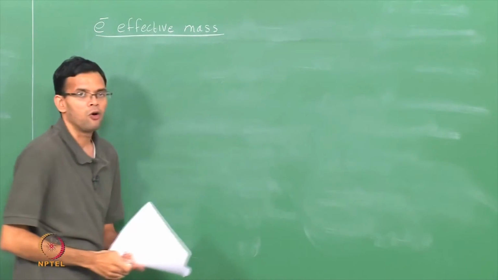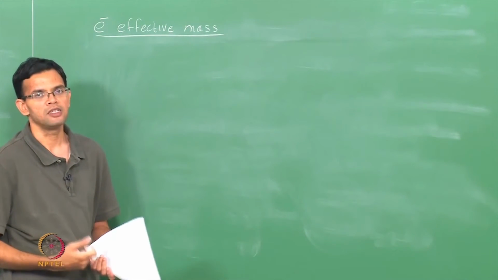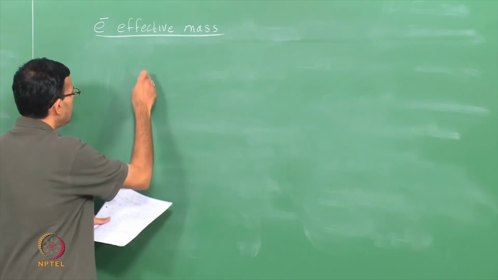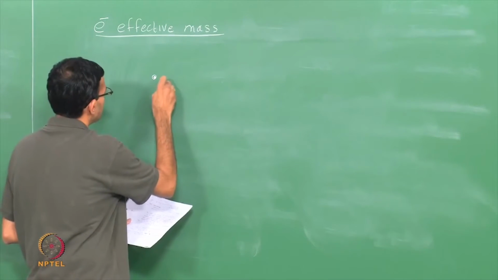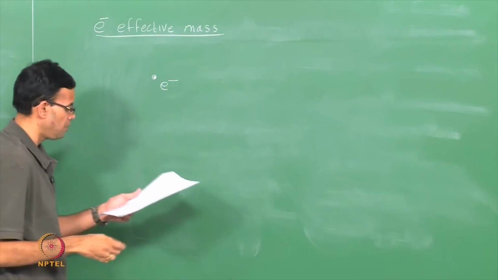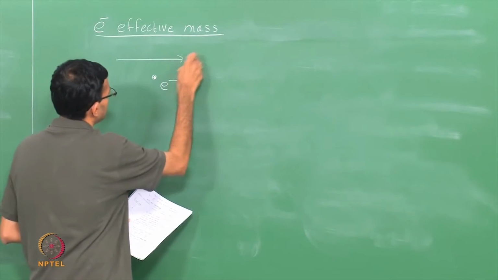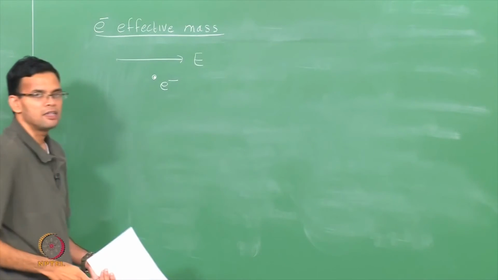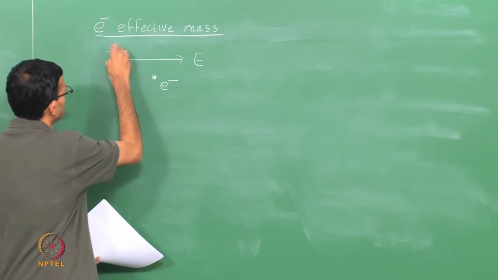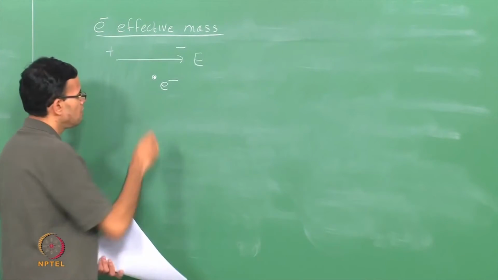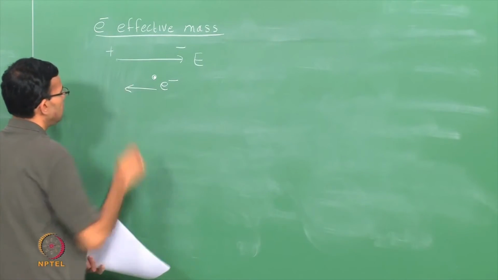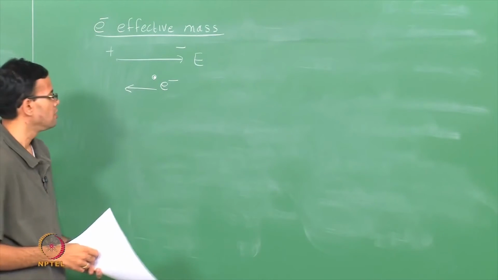You also have a hole effective mass, but the argument is very similar. Let us say you have a free electron, or an electron in free space, and you apply an electric field E. Electric field usually goes from positive to negative. So, the electron travels in the direction opposite to the field.